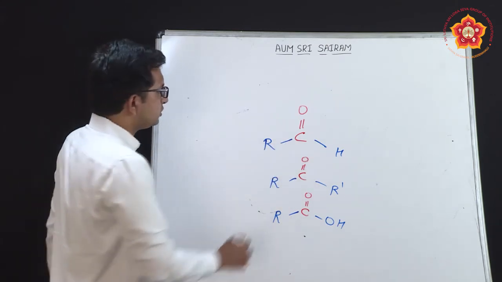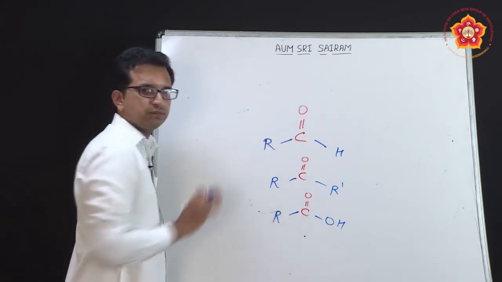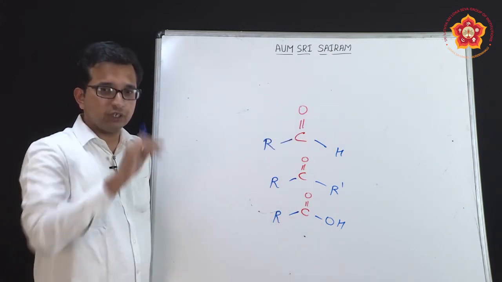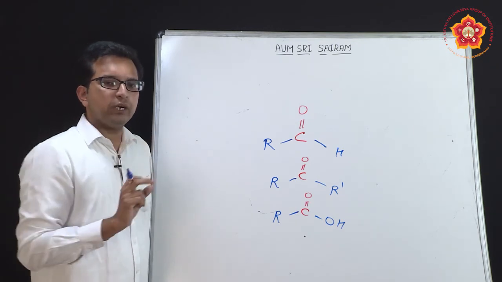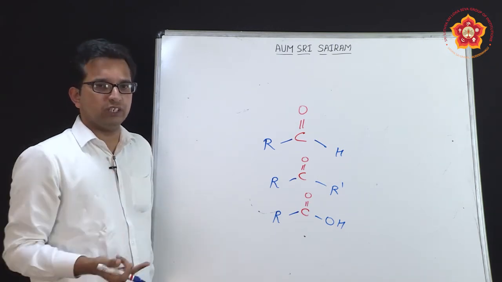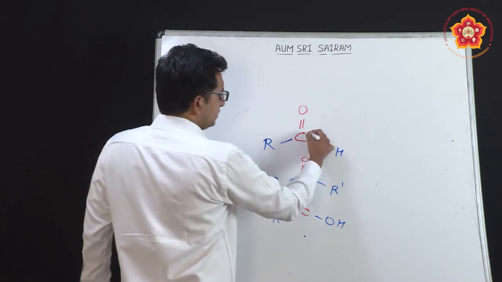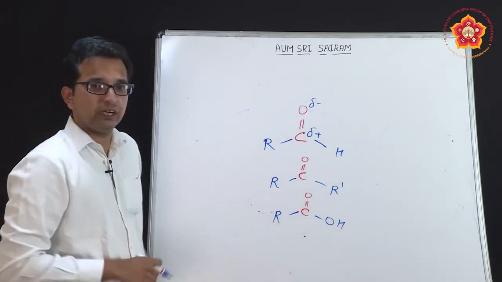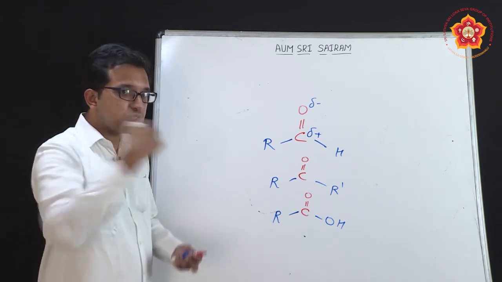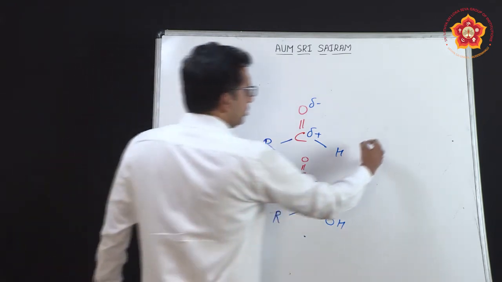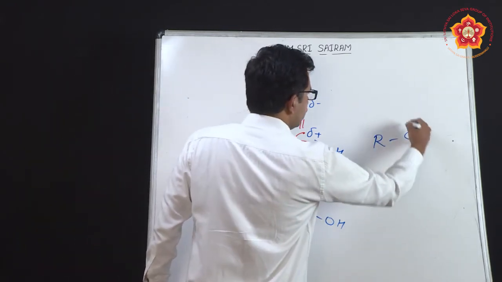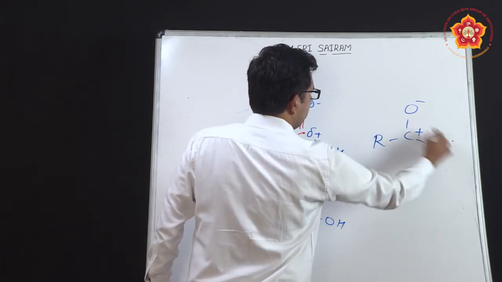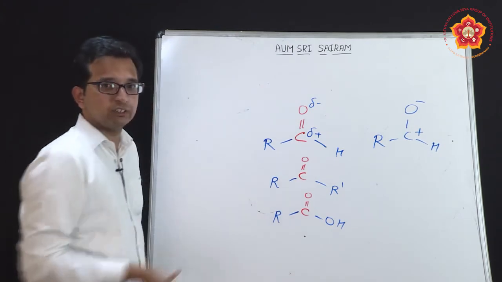So now the question comes between carbon and oxygen. Carbon and oxygen have different electronegativities, because if you see in the periodic table, carbon's atomic number is 6, oxygen is 8. So naturally, this will hold a partial positive charge, this will hold a partial negative charge. Supposing I break open this compound, it will be C and O, where the negative charge will be transferred there and the positive charge will be completely transferred.